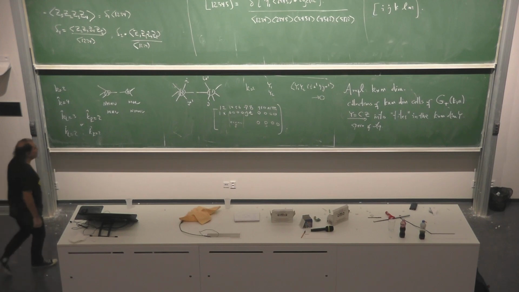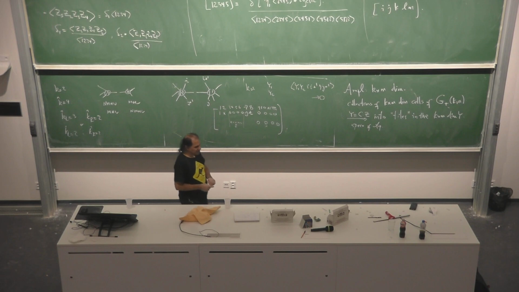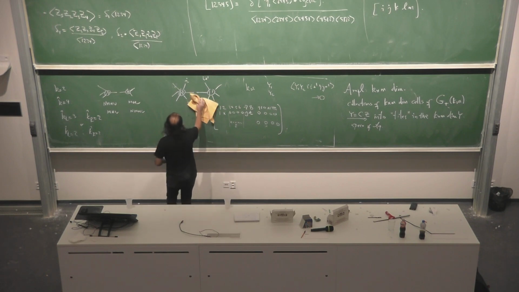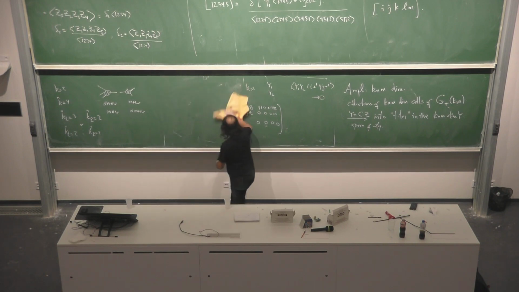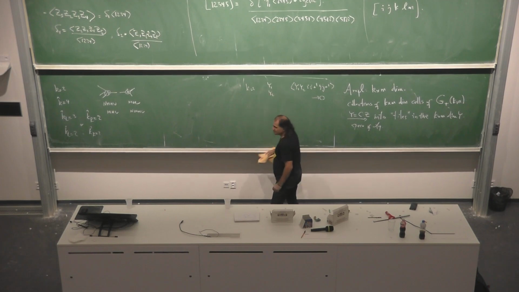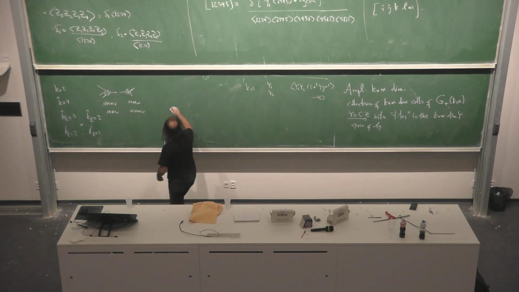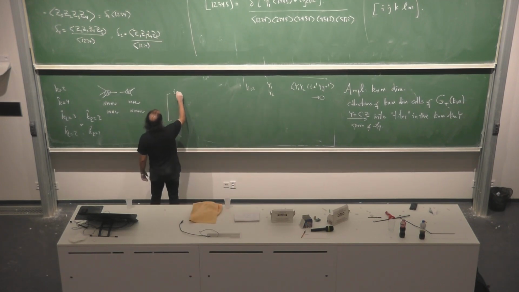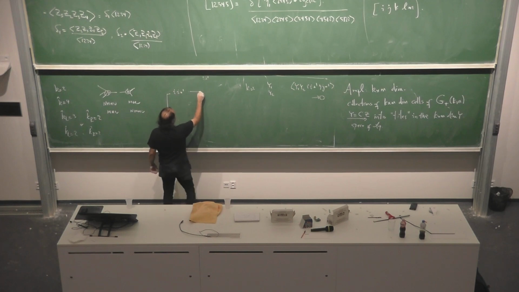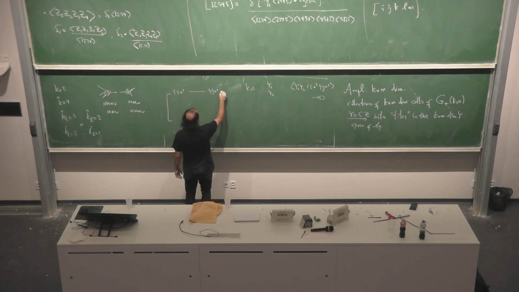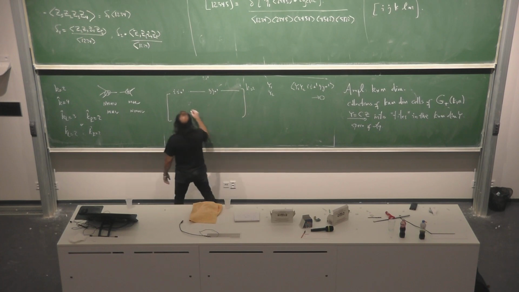And in fact, what you can show very easily is that just being on the boundary forces the C matrix to look like the following. If it's I, I plus 1, and then J, J plus 1, it has to look like something non-zero here, and 0 everywhere else.